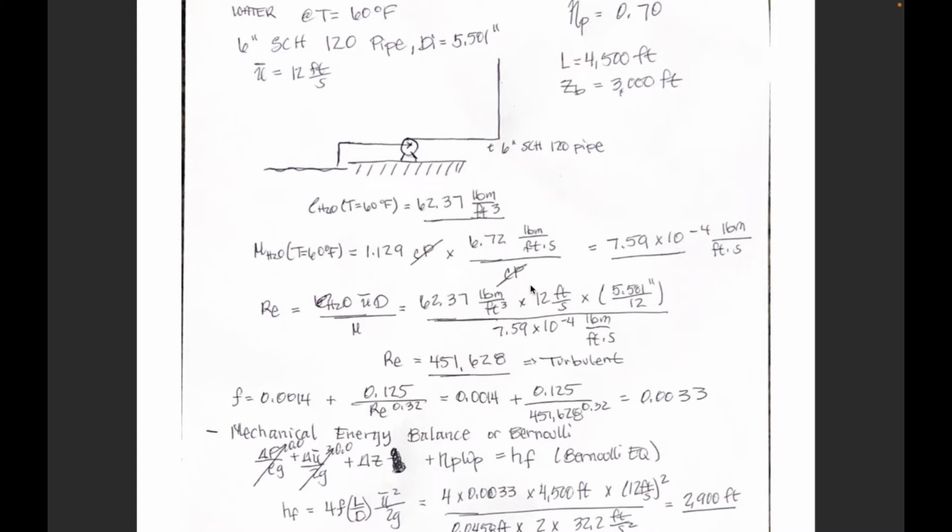Then I looked up the viscosity in the appendix of that same book, and it came out to be 1.129 centipoise times 6.72 times 10 to the negative 4 pound mass per feet per second per centipoise. Multiplying that gives me 7.59 times 10 to the negative 4 pound mass per feet second.